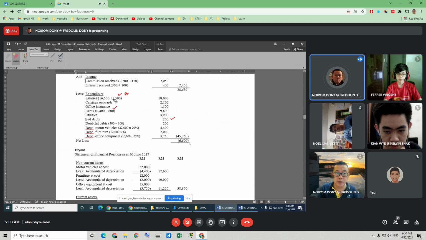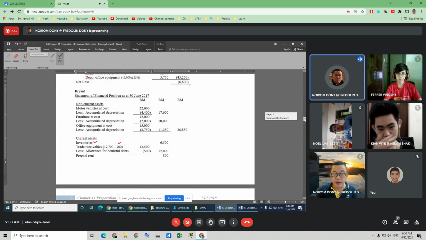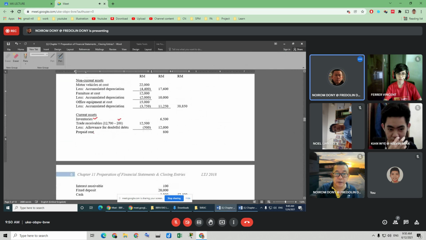So what does it mean? If I minus, this is actually indicating you are crediting it because rent is a debit item. Now, where is the debit? So when I provide prepaid rent 800 under current asset, this is actually debiting. Okay.